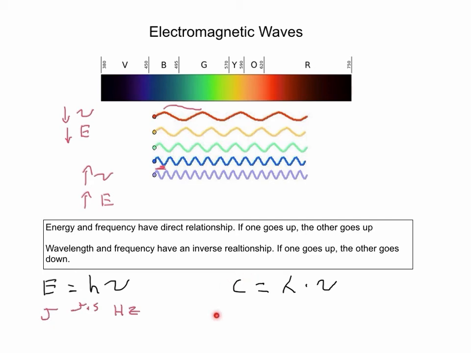So we have the speed of light, all waves travel at the speed of light, equals the wavelength times the frequency. The units for these are, the speed of light is always going to be in meters per second, lambda, the wavelength, must be in meters. And nu, the frequency, must be in hertz.